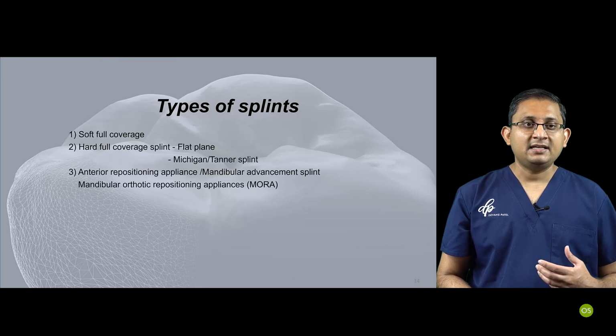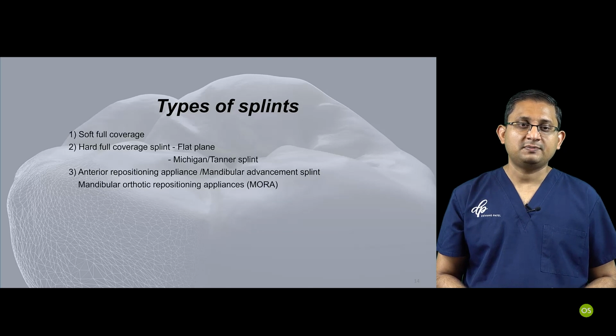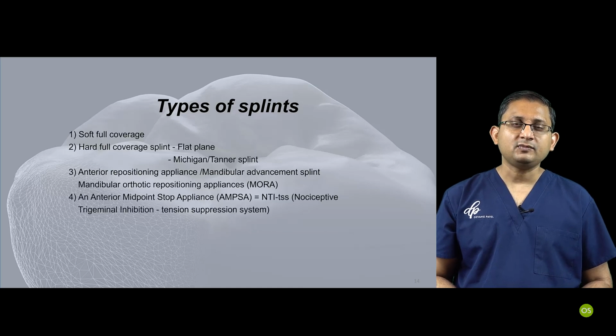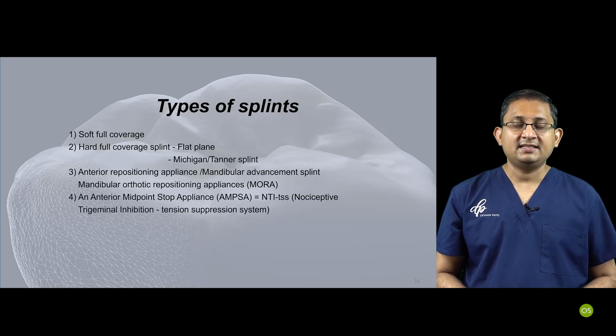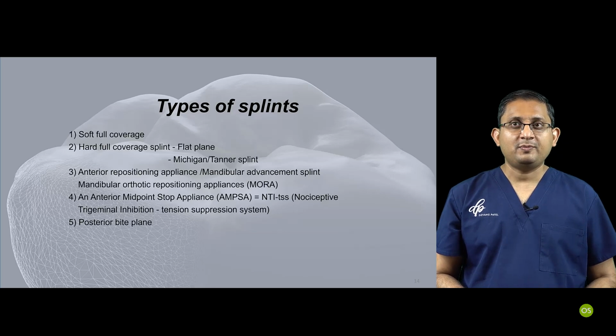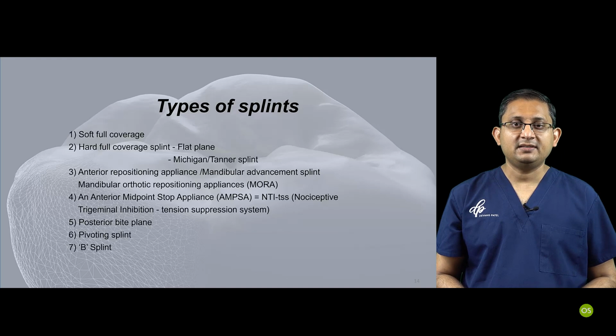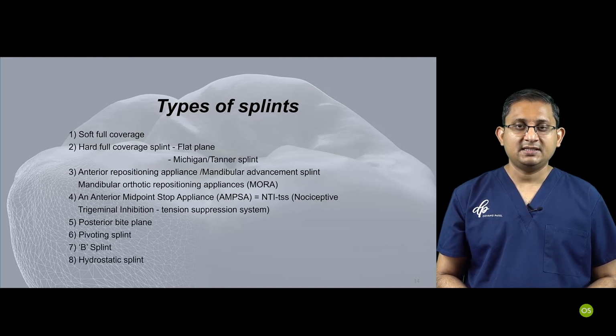You can have an anterior repositioning appliance or mandibular advancement splint, which is also called a mandibular orthotic repositioning appliance. The other splint is an anterior midpoint stop appliance or NTI-TSS splint. You have the posterior biplane, pivoting splint, B-splint, and hydrostatic splint.